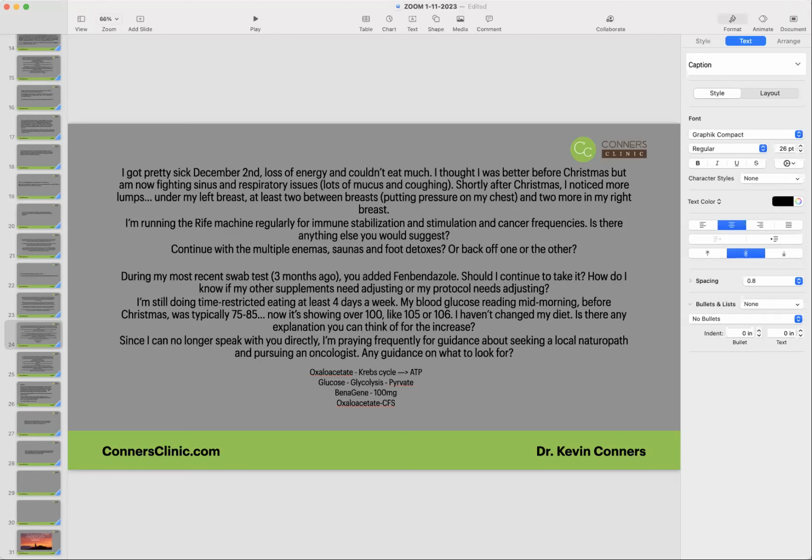People that are maybe blaming their symptoms on long-term Lyme disease or tick-borne illnesses, it can really be that they're stuck in the Warburg effect. And certainly fatigue with cancer can give you an idea that you could be stuck in the Warburg effect. So using Betagene, which is a brand name from Tera Biologics, oxaloacetate is a good option to go.